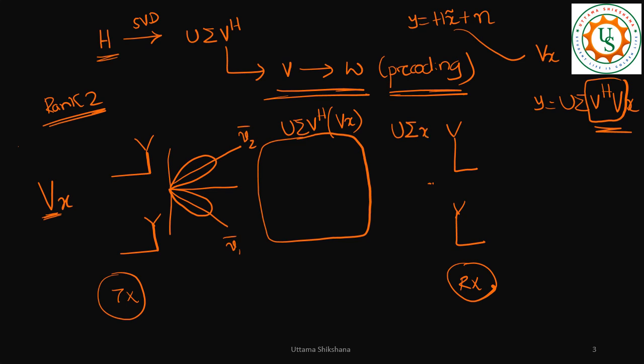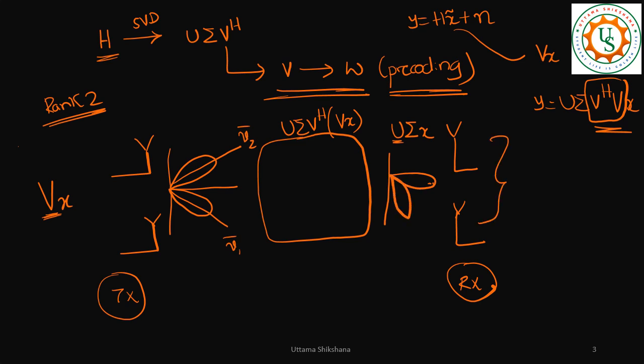Which means that now the beams are in the direction of the columns of matrix U. So at this point the beams would be in different directions, maybe something like this.